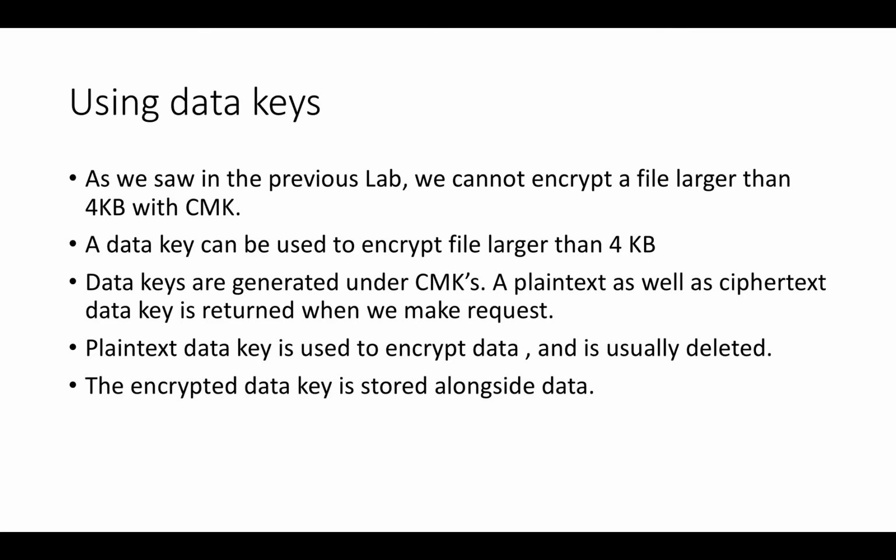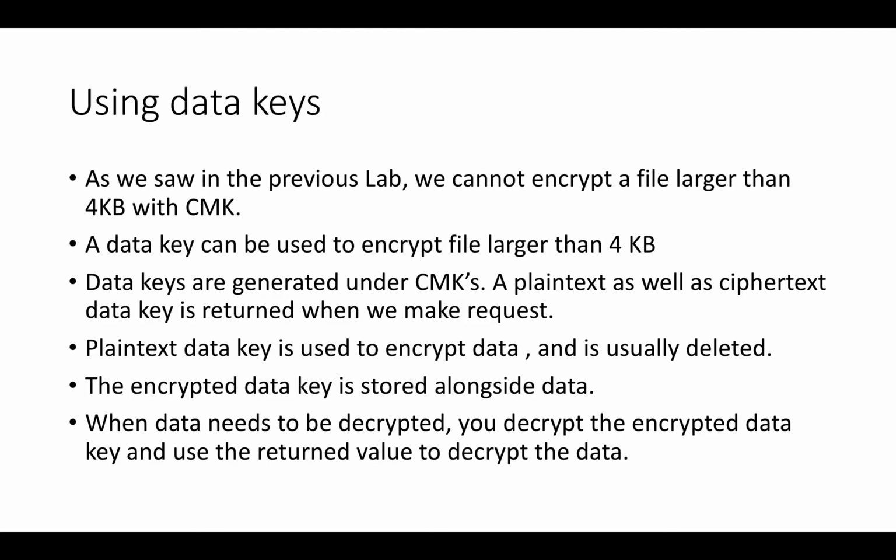The encrypted data key, or the ciphertext key, is stored alongside the data. When data needs to be decrypted later on, you first decrypt the ciphertext or encrypted data key and use the return value to decrypt our actual data.